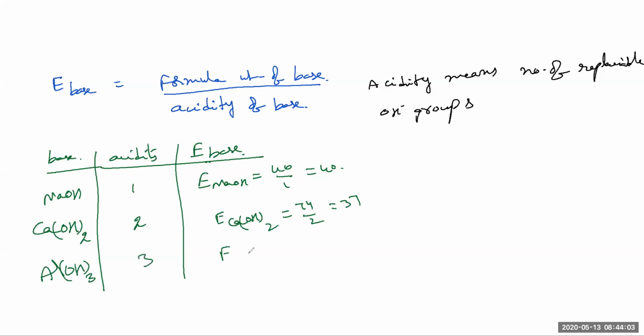Equivalent mass of Al(OH)3 is equal to, come on, what is the formula weight? 27 plus 51, that is 78. 78 by 3. That is 26.